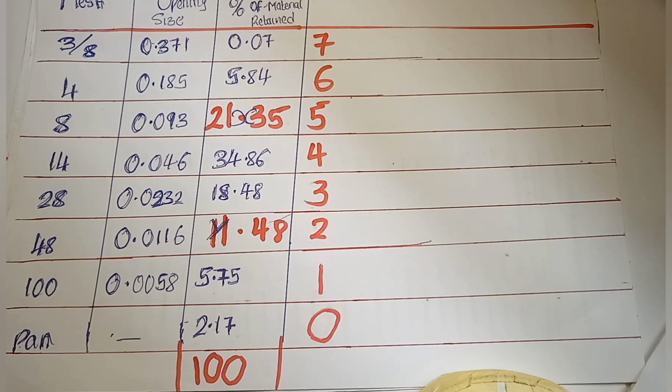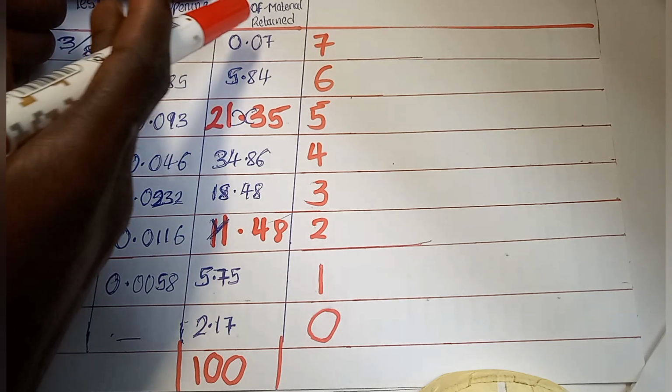In order to get the weight by fraction, we multiply the multiplying factor, which I call MF, by the percentage of the material retained.